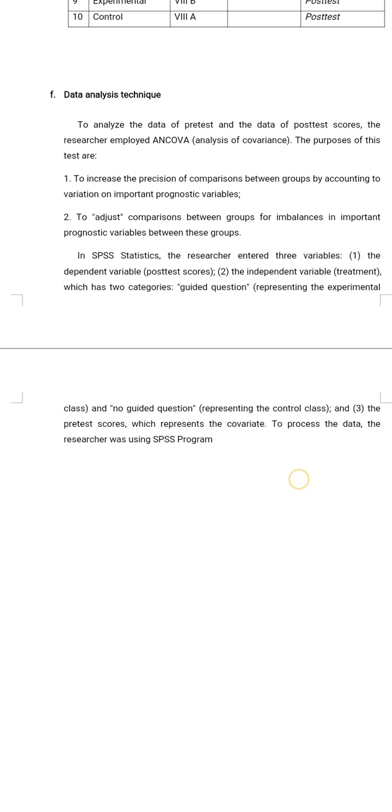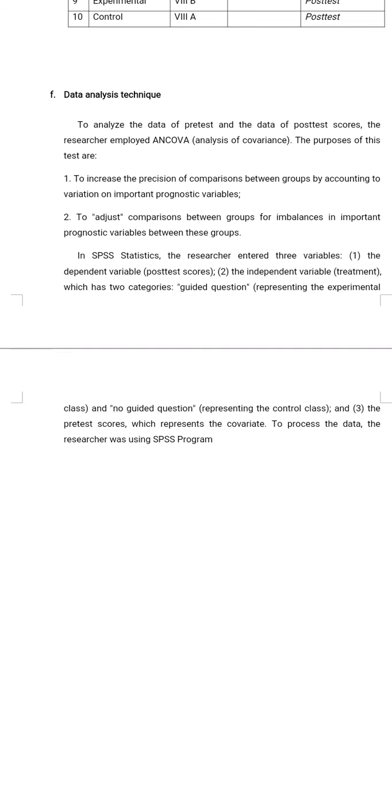And next, data analysis technique. To analyze the data of pretest and post-test scores, the researcher employed ANCOVA, analysis of covariance. The purposes of these tests are: 1.